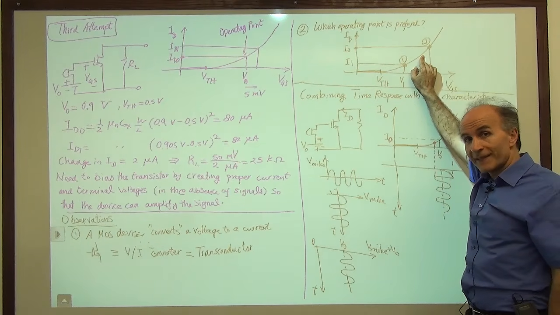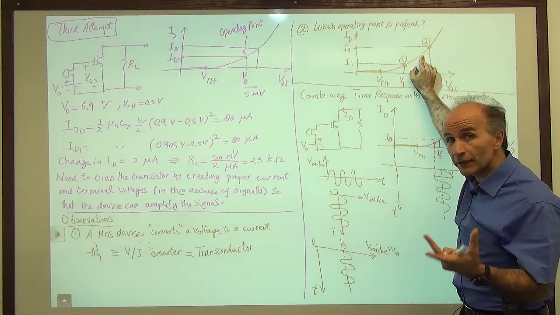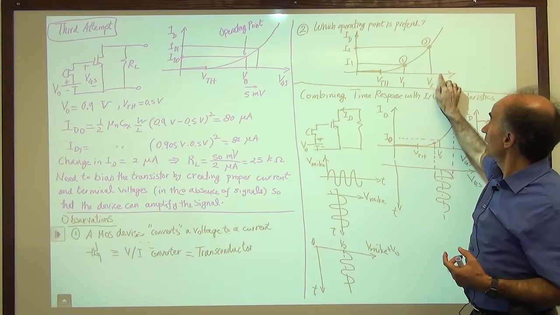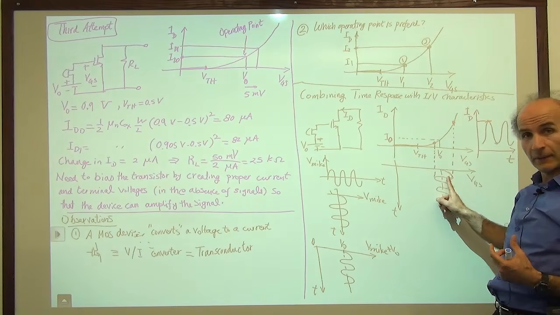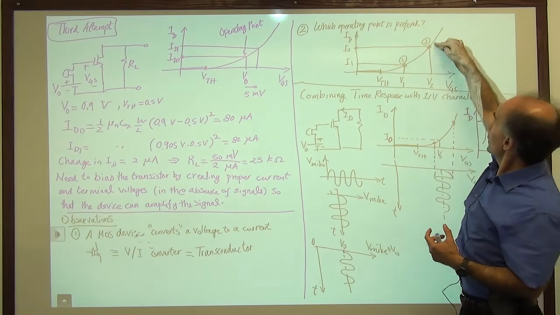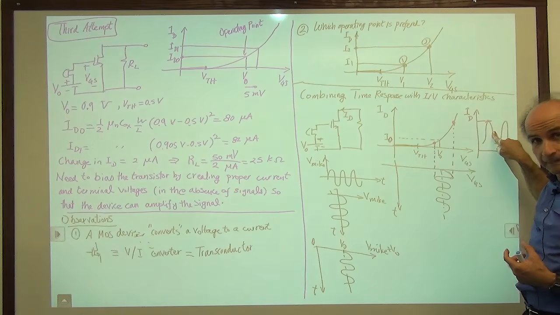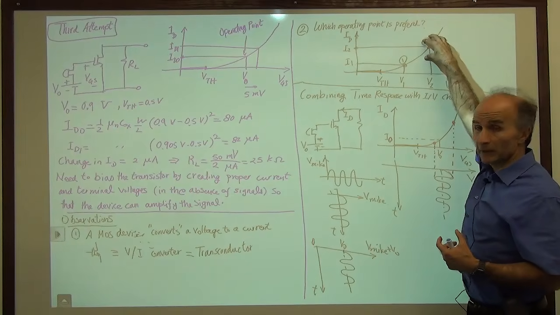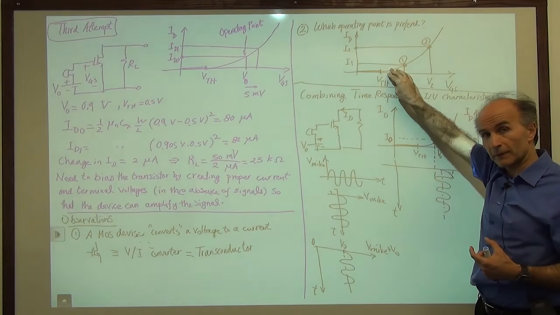And that higher slope signifies a stronger transistor, because for a given signal change here, like this kind of thing, right, we get a larger change here, like this kind of thing. So this type of swing is larger around this operating point than around this operating point.